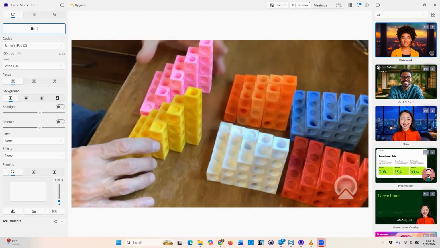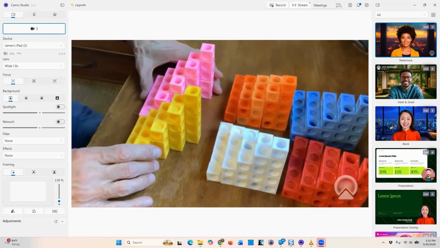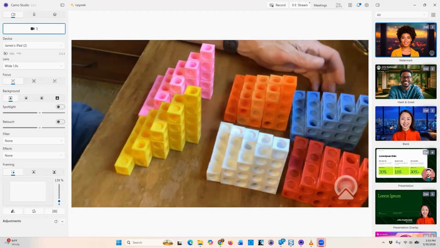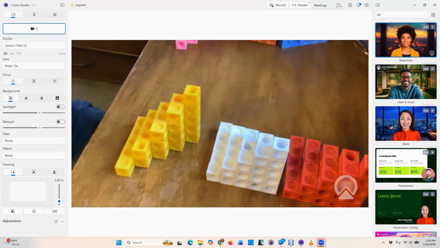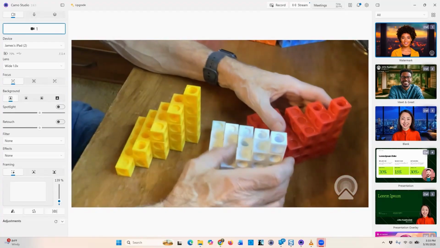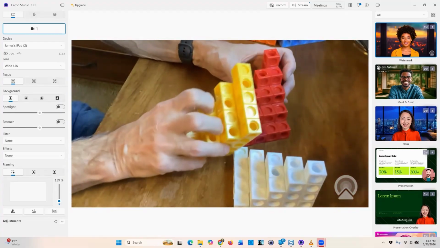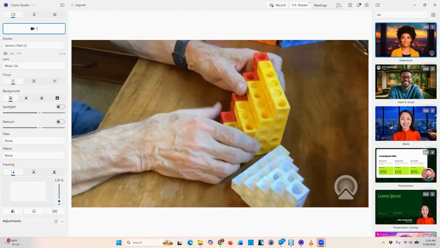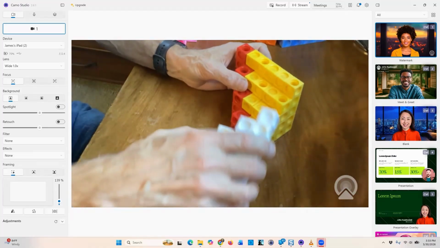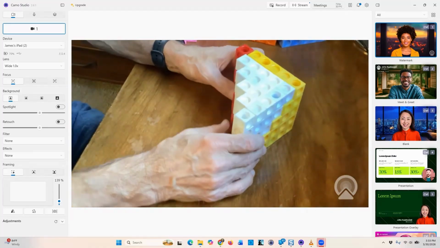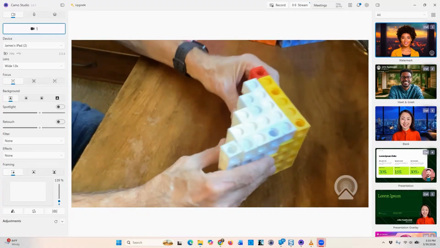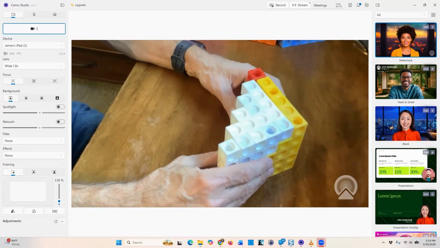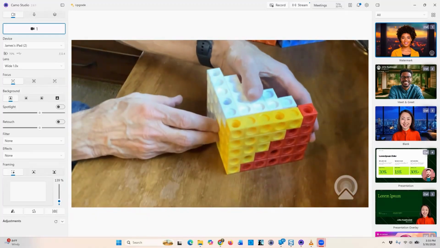Now, let me see if I can assemble these into a nice 3-dimensional solid. I'm going to take these 2 that are alike, mesh this right in here, and mesh this right in here. And this shape right here is going to end up being half of my 3-dimensional solid.